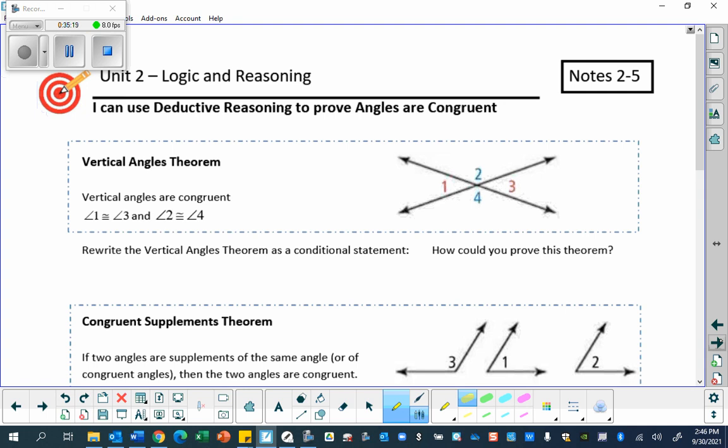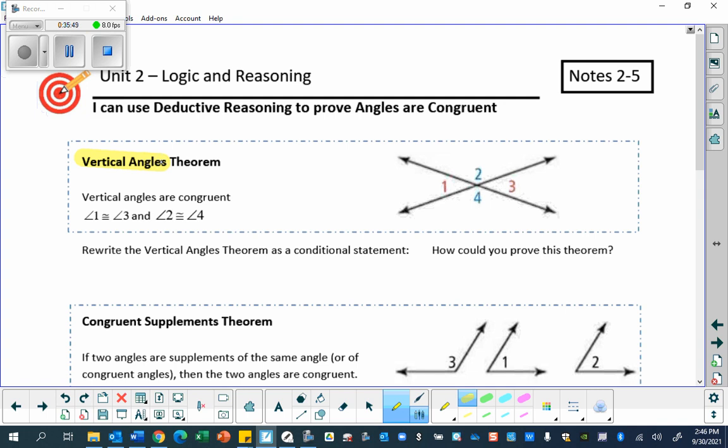So on notes 2-5, we end up revisiting some things that we already know about. We already know about the vertical angles, but now we're going to put them in a theorem. By definition, we know that vertical angles are the angles created when two angles have the same vertex and no adjacent sides, no shared sides.